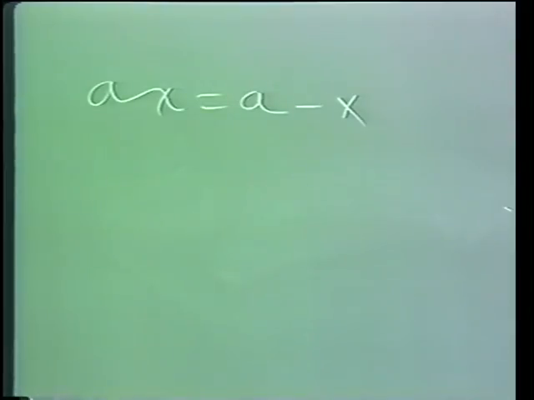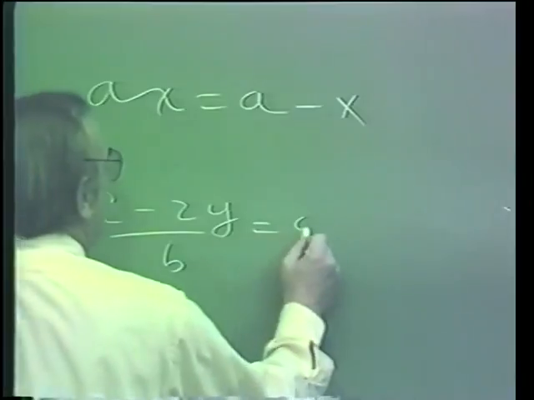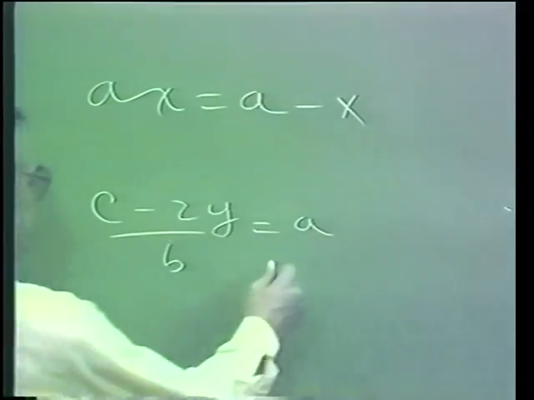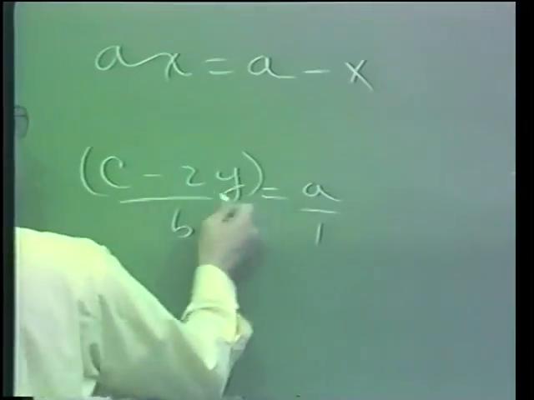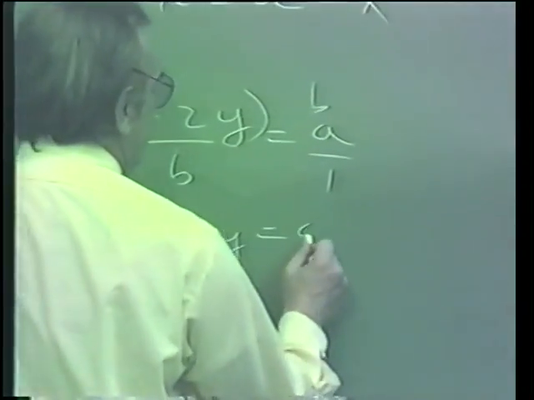Oh, yeah, I'm on the wrong page. Okay. c minus 2y over b equals a. First step is to clear fractions. We have fractions here. So our LCM is b. We multiply both sides by b, and we come out with c minus 2y is equal to ab.